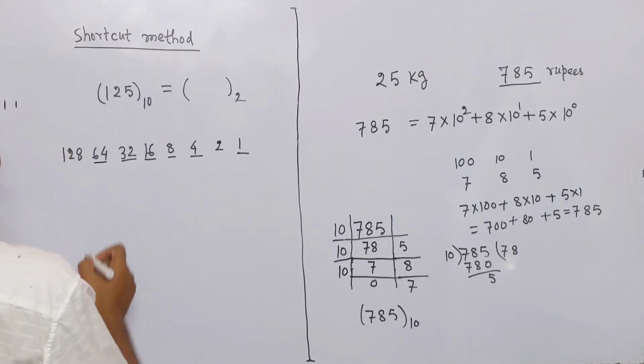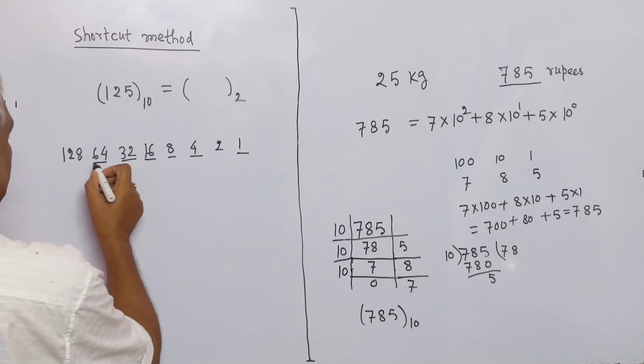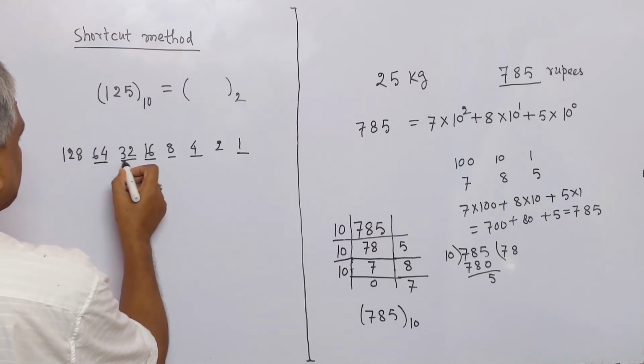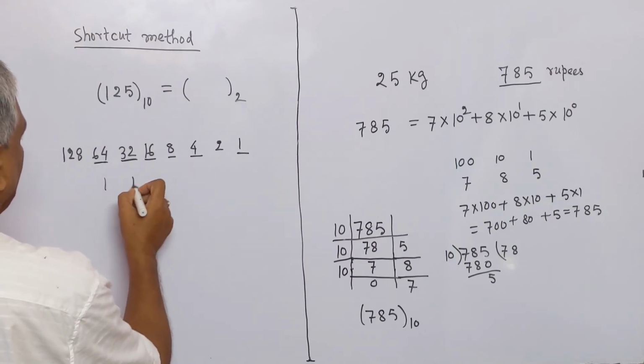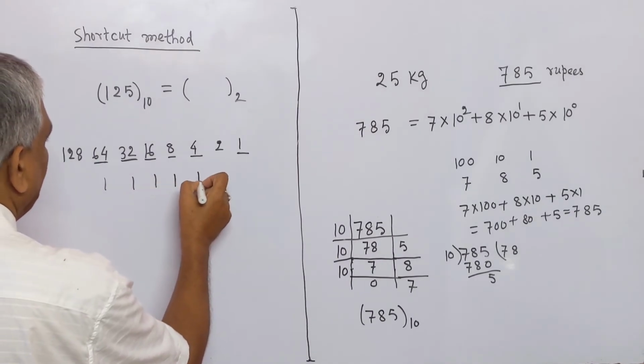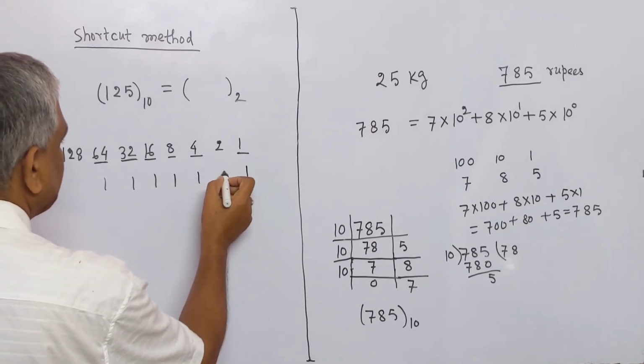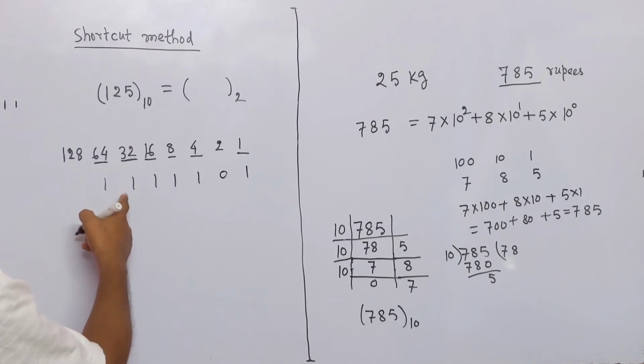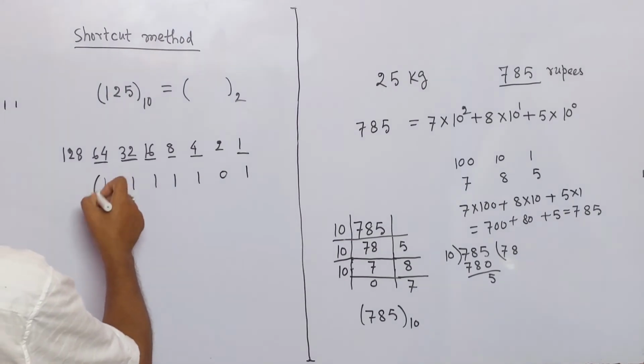So we write 1 where we have given this dash, 1, 1, 1, 1, 1, 1, and in the rest of the places 0. So this is the number in binary system.